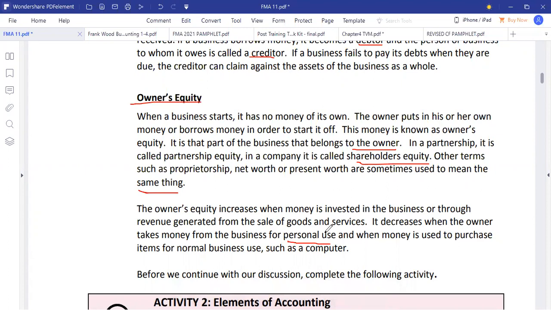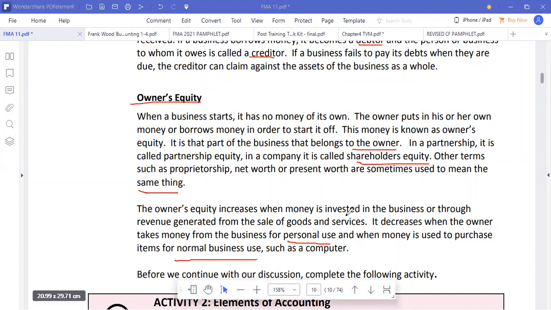So that reduces our equity. Also, sometimes we may want to use that money for business use to buy capital expenditure, such as a computer. So it also reduces our equity.